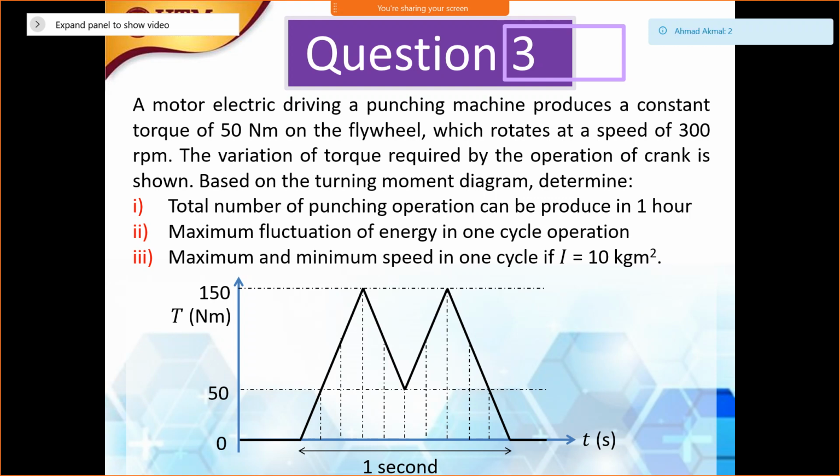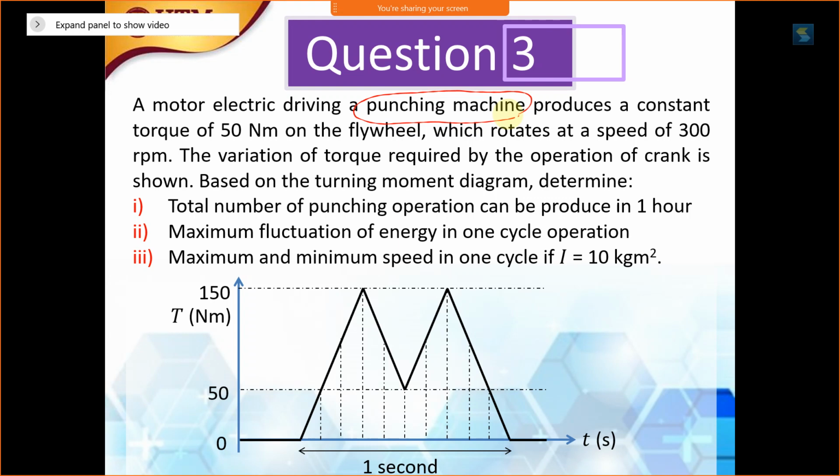Okay, so kat sini dia beritahu punching machine. So bila punching machine biasanya type yang melibatkan punching machine adalah number 2 lah, type number 2, which is will produce 50 Newton meter on flywheel, alright, which rotate at a speed of 300 rpm.